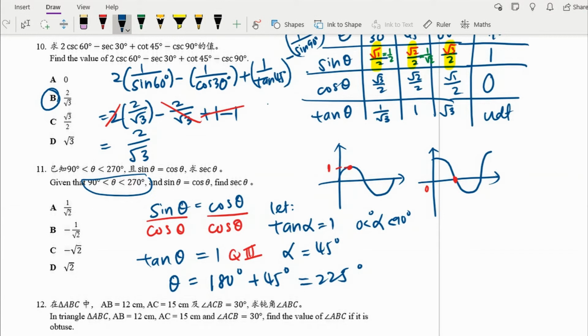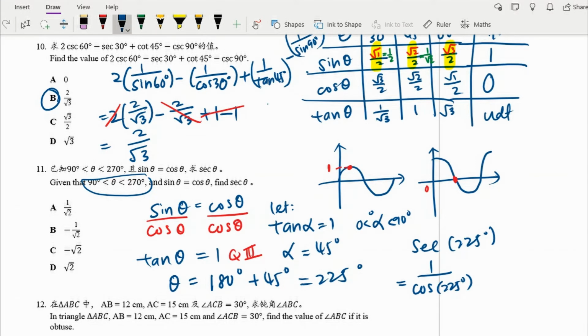Then we want secant theta, secant of 225, which is 1 over cos 225. And now you need your All Science Teacher Crazy.